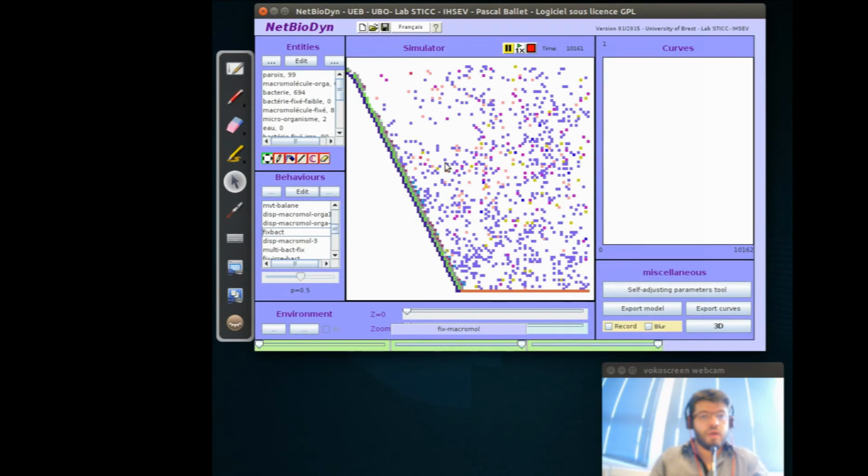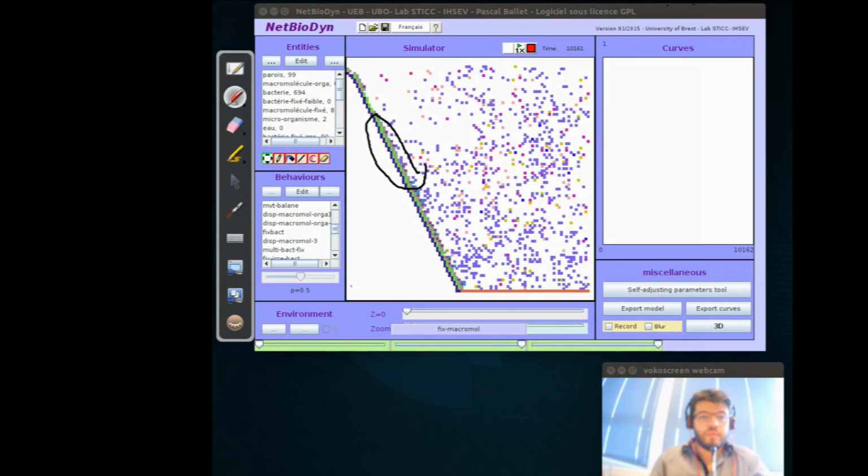The result of this modeling gives a layered structure. You see this structure here, which composition is close to real biofouling composition.